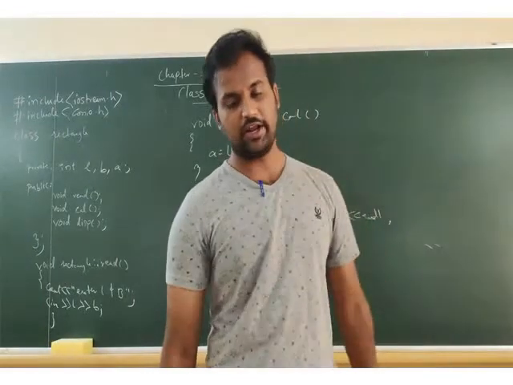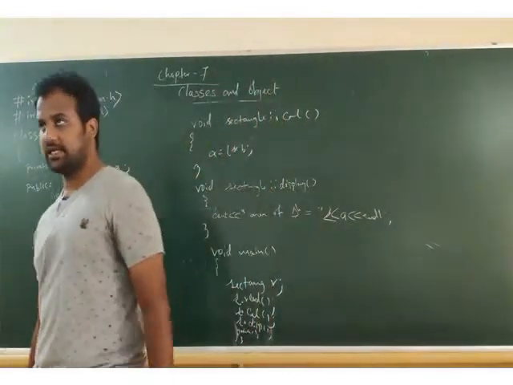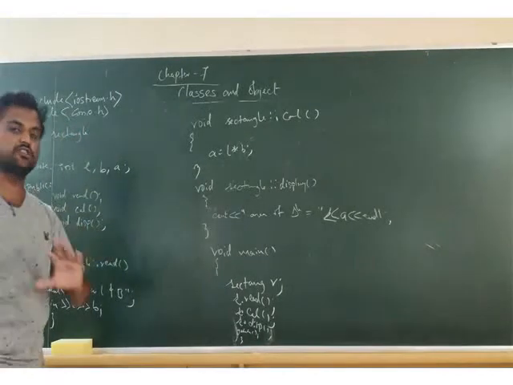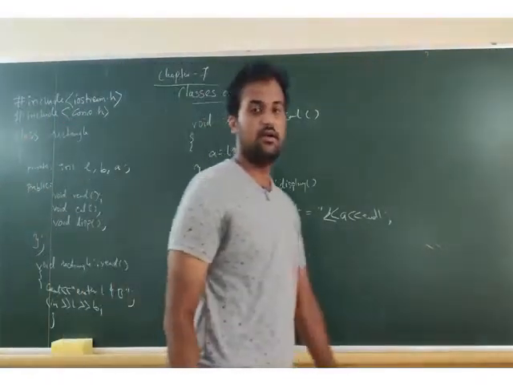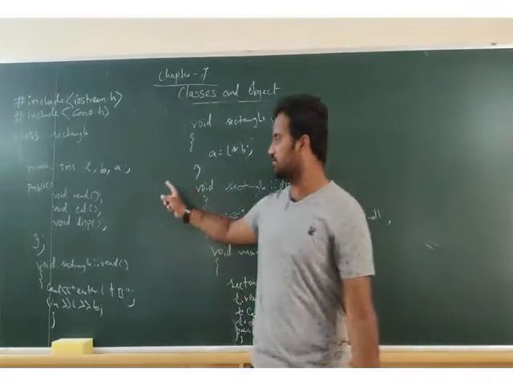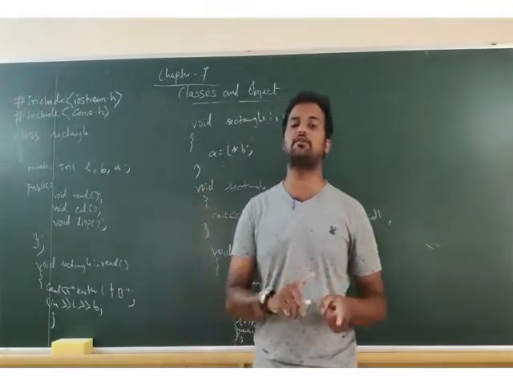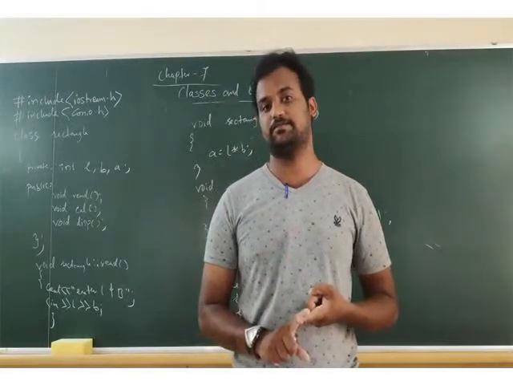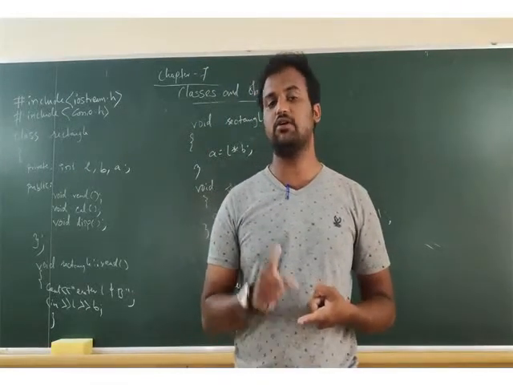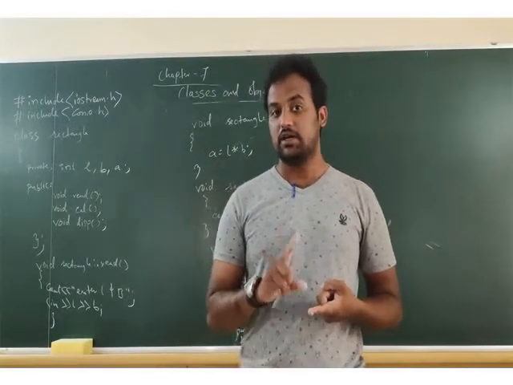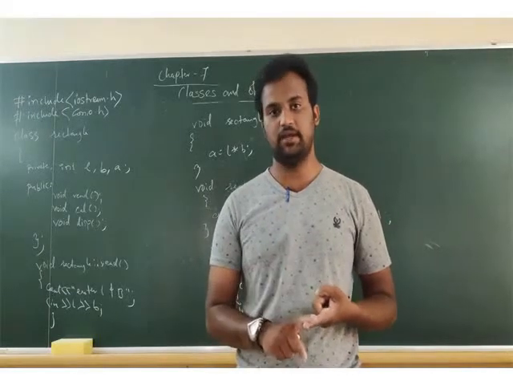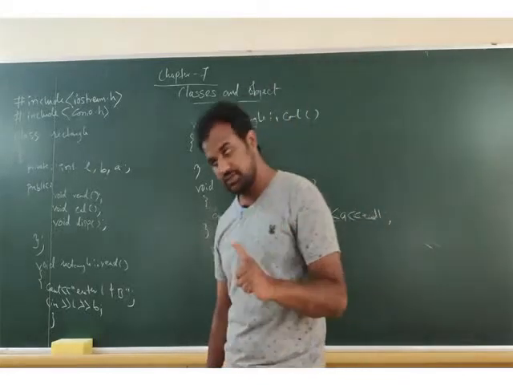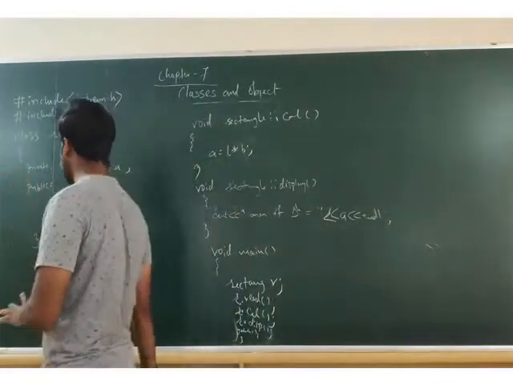Okay? Array as member of class means inside this class we are using arrays. Arrays I have already told you. An array is a collection of homogeneous elements that comes under the same name and under the same data type.